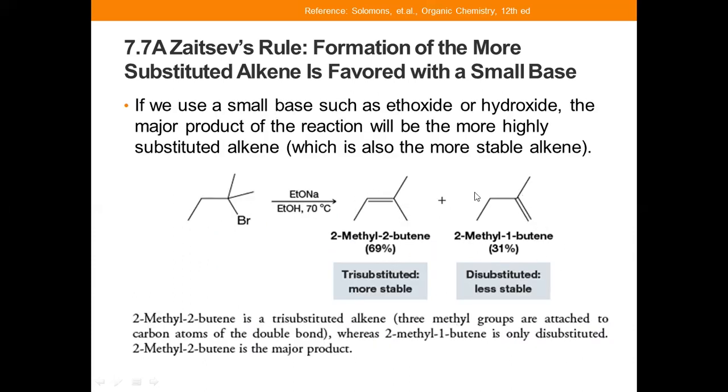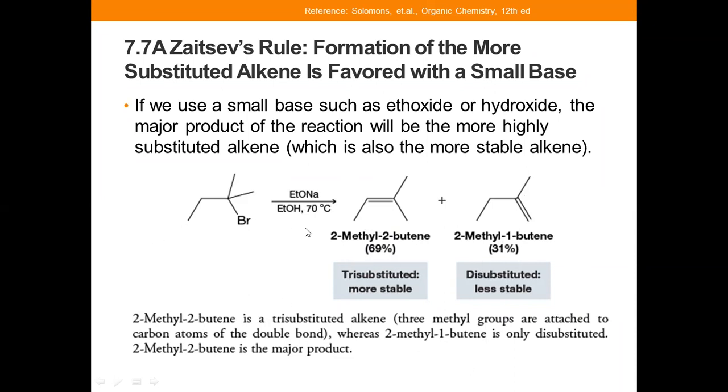And you look at the stability of this. This 2-methyl-2-butene is 1, 2, 3, tri-substituted, and this second one is di-substituted. And in the course of the reaction, the more stable alkene is also produced in a larger quantity. You can see here, 69% and 31%, so it's almost 100% for the two.